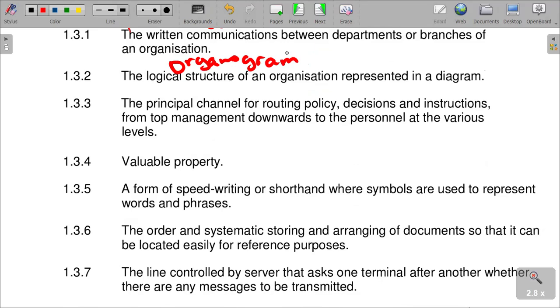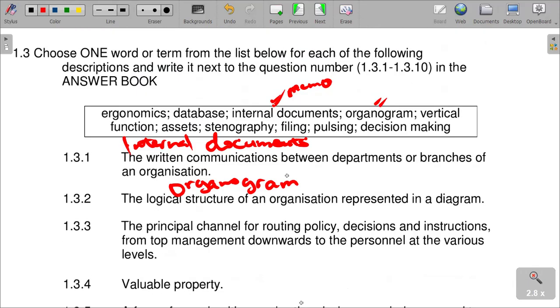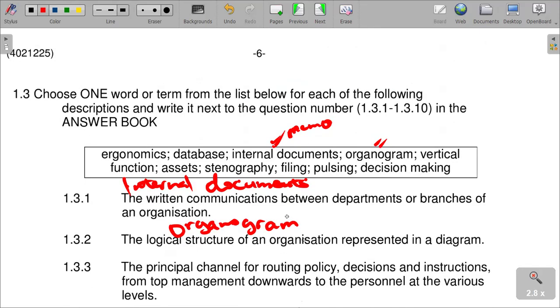The principal channel for routing policy decisions and instructions from top management downwards to the personnel at the various levels. We talk about what it has to do with.